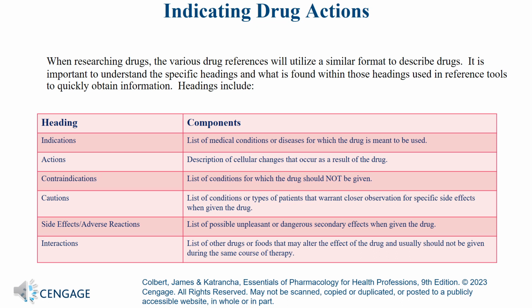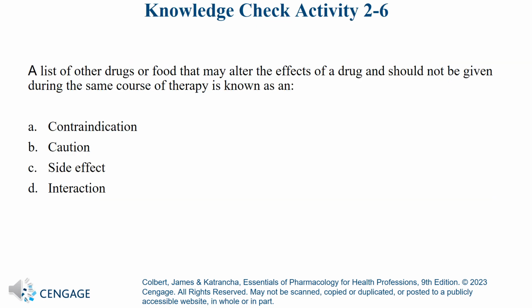Side effects or adverse reactions is the list of possible unpleasant or dangerous secondary effects when given the drug. And interactions is the list of other drugs or foods that may alter the effect of the drug and usually should not be given during the same course of therapy. These are things we'll be looking at when we get ready to do our drug cards.